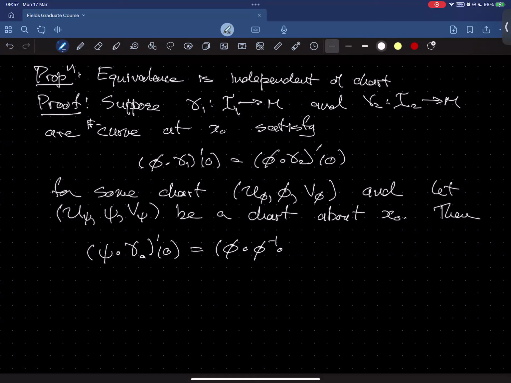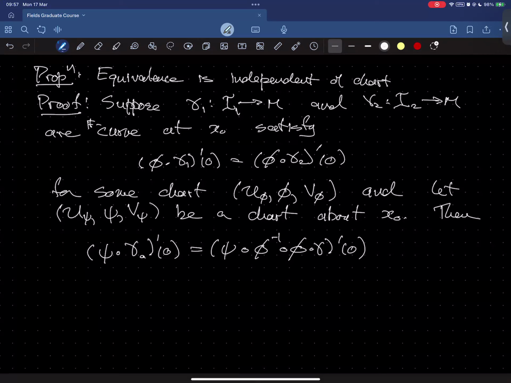Oh, sorry, I want to keep the phi on the outside. Apologies. So I'm going to write it like this: psi composed with phi inverse composed with phi, composed with gamma prime at 0. Of course, because I know that this holds, so that has to be on the far left.